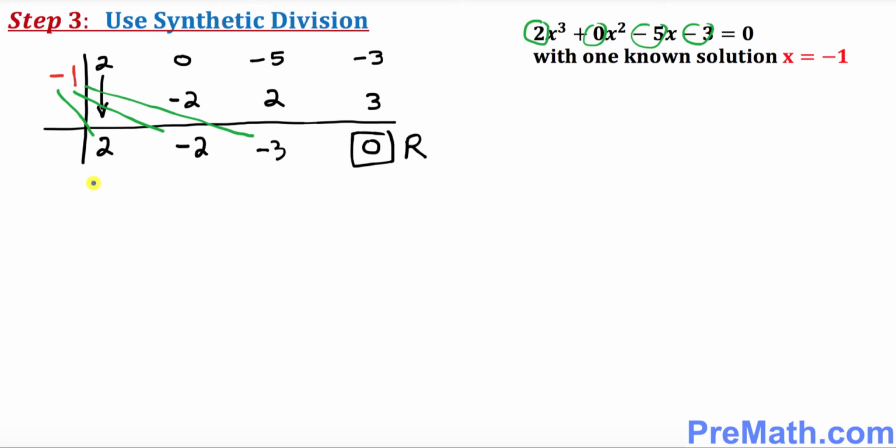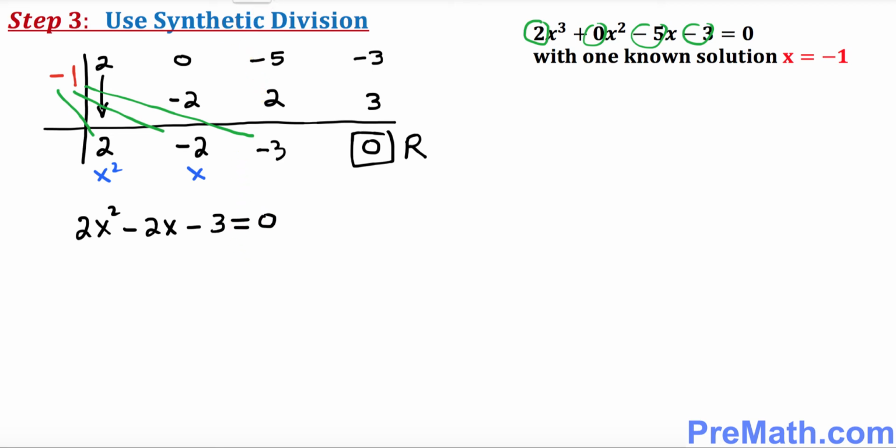So what we figured out so far is that this number is going to be with x squared, this is going to be with x, and this negative 3 is without x, which is called the constant. Thus we can write this whole thing as 2x squared minus 2x minus 3 equal to 0.